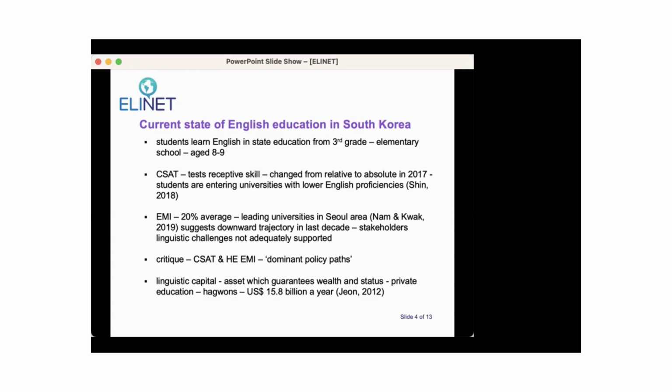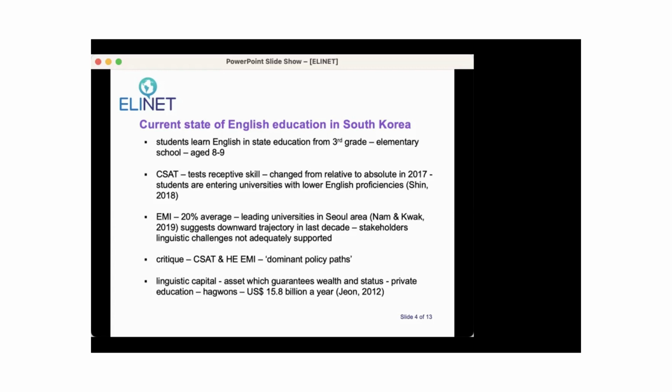This also changed from a relative to an absolute grading scale in 2017. Part of the reason for this change was to put less pressure on students having to study English in expensive cram schools, and also to reduce their anxiety concerning their English results.